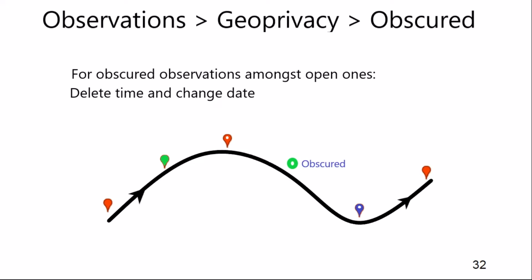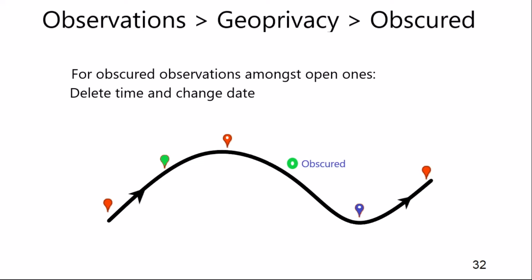The only other thing you might want to think about is if you're going someplace and you're on a trail and all of your observations are open except for one in the middle. And maybe that one was obscured because it was rare. It's kind of good form to go ahead and delete the time and change the date, because somebody could see that and say, well, you took that at 2 o'clock on Thursday, and they're going to go in and filter on what other things you were looking at 2 o'clock on Thursday.